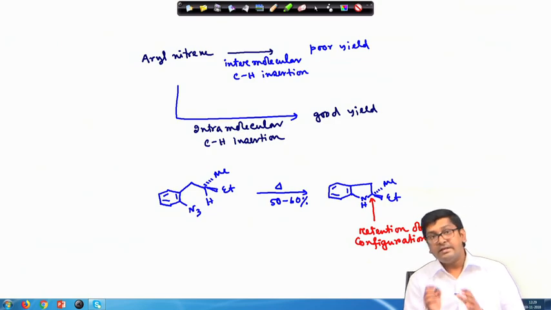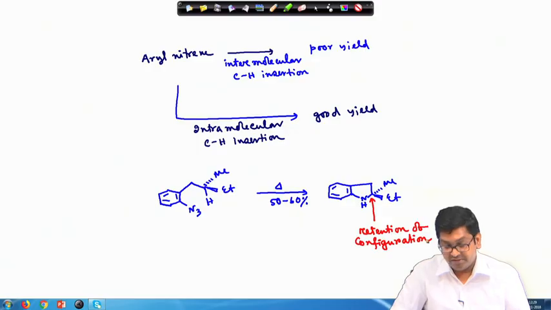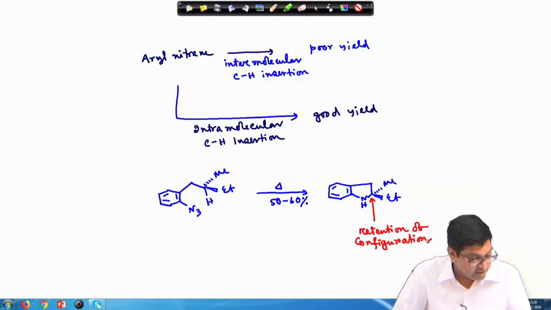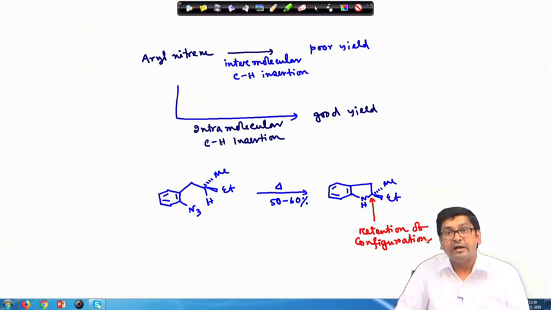Okay. So, we have seen that when this intramolecular CH insertion happens for aryl nitrene, we are getting good yield of product with retention of configuration. And this is one of the examples where intramolecular insertion is happening into the aliphatic carbon hydrogen bond.